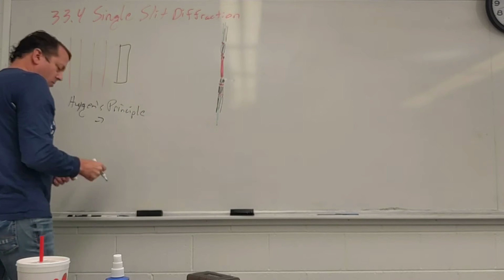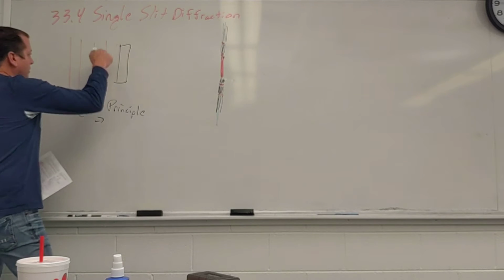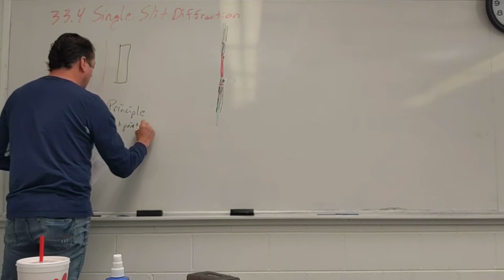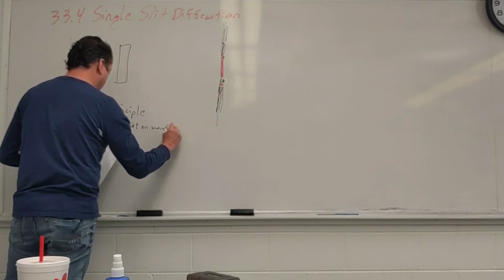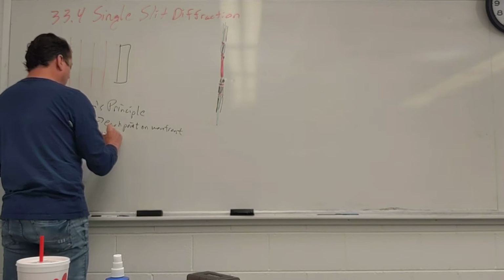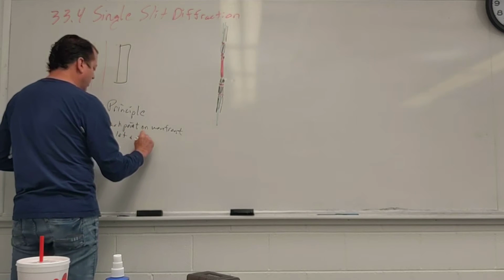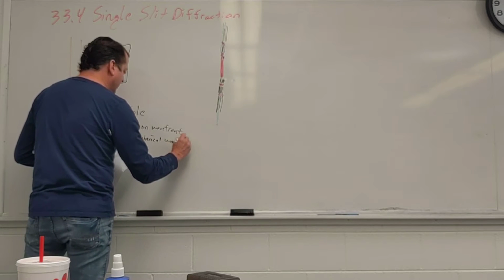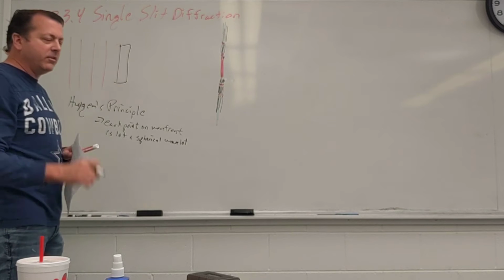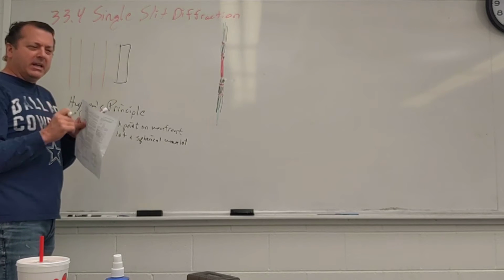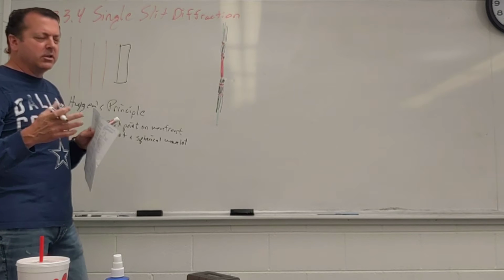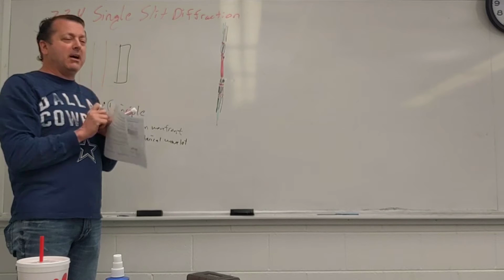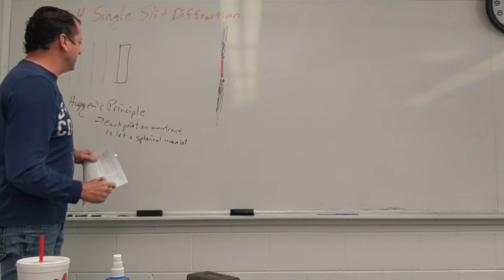And basically, what Huygens said was that on this wavefront here, each point on the wavefront is like a little spherical wavelet, like a little bitty wave, a point source of waves. Think of these as little bitty flashlights that just spread out like this.